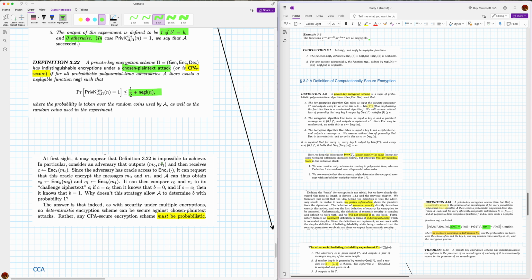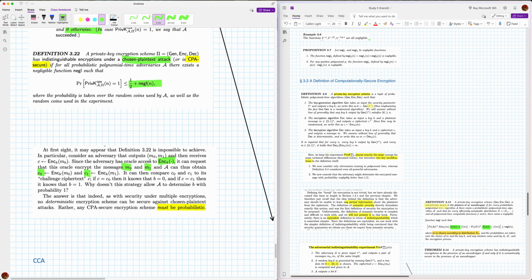A very simple attack is for the adversary to run the encryption oracle on the messages M0 and M1 and learn C0 and C1. Then whenever the challenger gives C, the adversary can simply compare whether the challenge ciphertext C matches C0 or C1, and so learn whether b was 0 or 1.